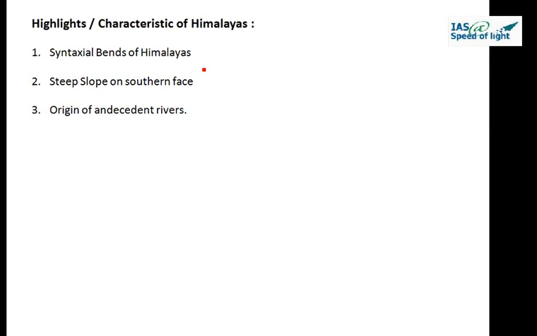So there is a western syntaxial bend near Nanga Parbat where the river Indus has a deep gorge. And there is a similar hairpin bend in Arunachal Pradesh where the mountains take a sharp bend from the eastern to the southern direction. The central axial stretch of the main Himalayas stretches roughly around 2,400 kilometers.